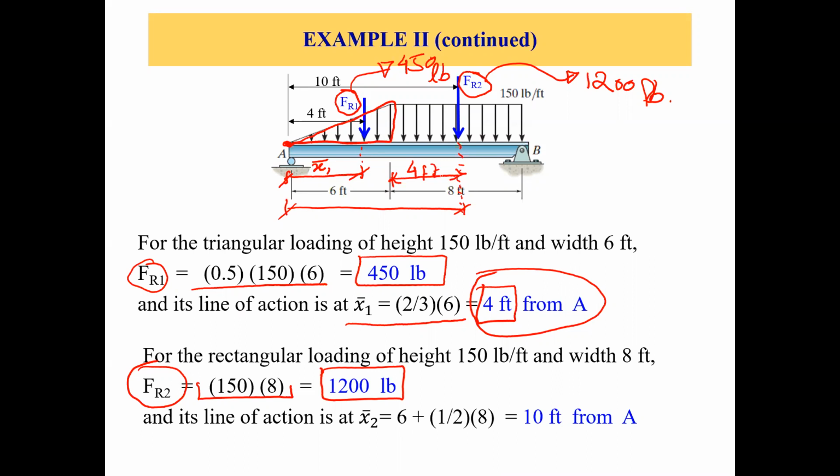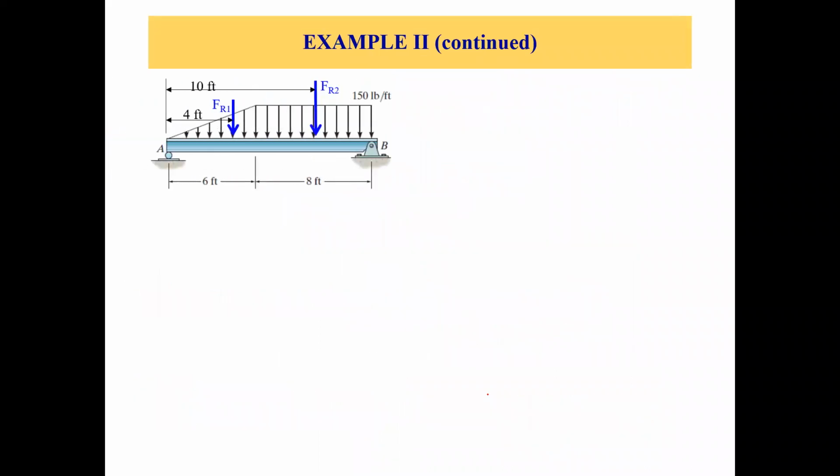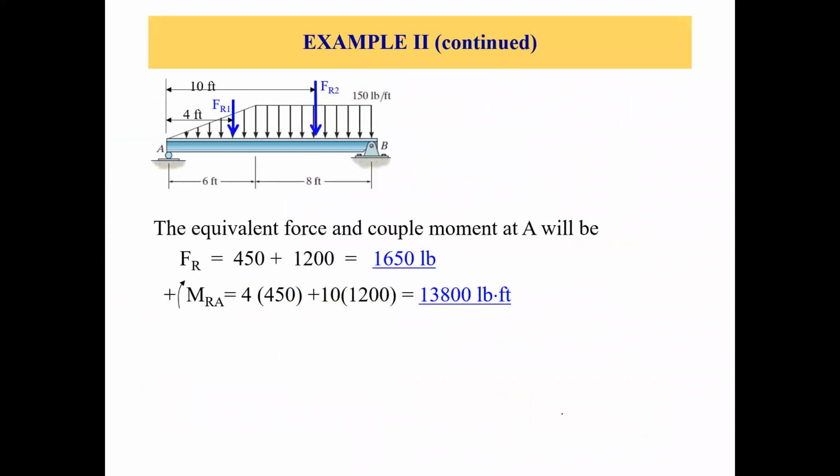So from point A, it will be 6 plus 4, so 10 feet. This is your x2 bar. So x2 bar is 10 feet from point A. Okay, so now we have FR1 and FR2 and their locations. All right, so let's move forward.